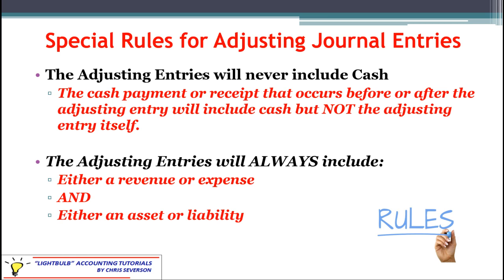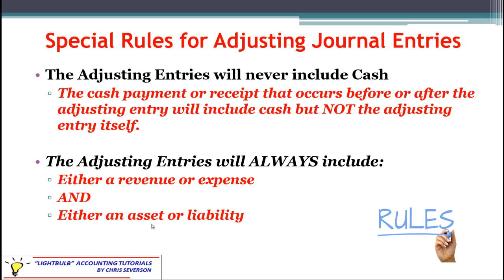So we're going to see that come out with our adjusting entries. The other thing that will help you out with these adjusting entries is that they're always going to have either a revenue or expense. In other words, they're always going to have an income statement account, and the other piece of the entry has to be a balance sheet account, which would be an asset or a liability. Again, the asset will not be cash.